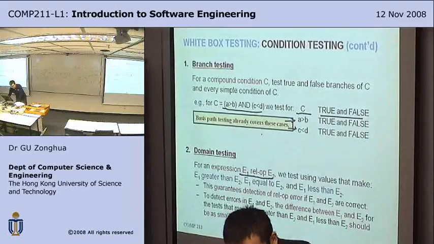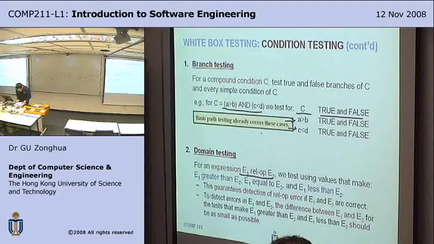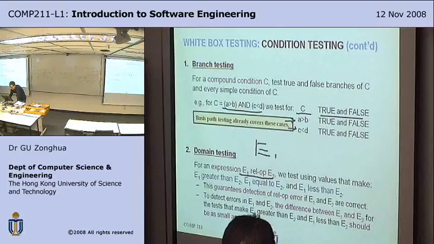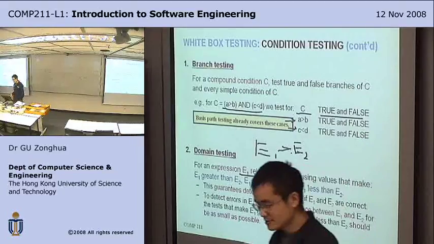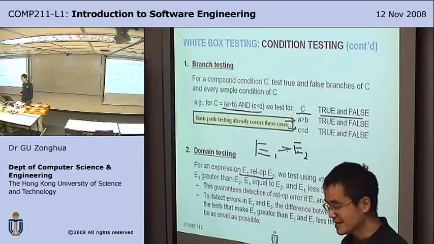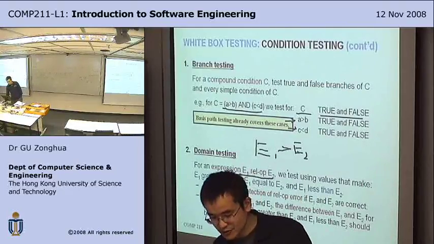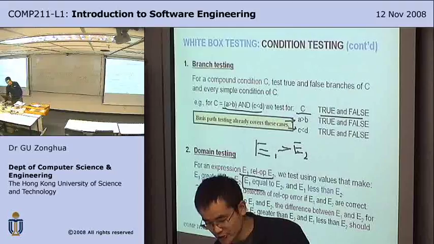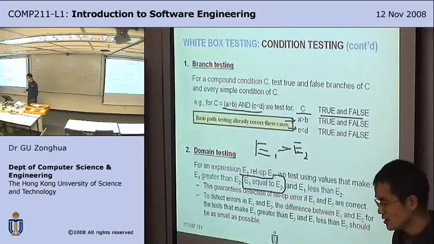For example, say you have E1 greater than E2, so normally you should make it true or false, right? You can just check for one case where E1 is greater than E2, another case E1 is less than E2. But domain testing says you should, in addition, try E1 equal to E2, even though it yields the same conditional result as E1 less than E2.